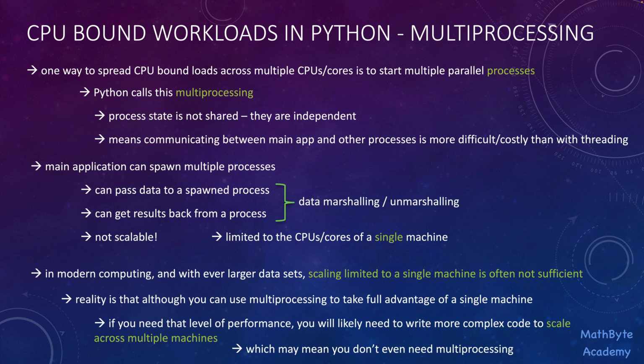I've seen cases where Python applications are distributed across multiple machines, and each distributed piece of code uses both multiprocessing and threading to squeeze as much out of that particular machine as it can. So it really depends on your circumstance.